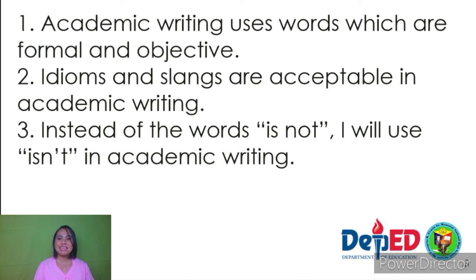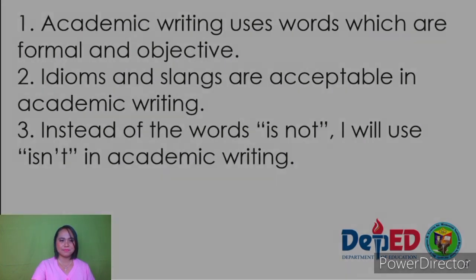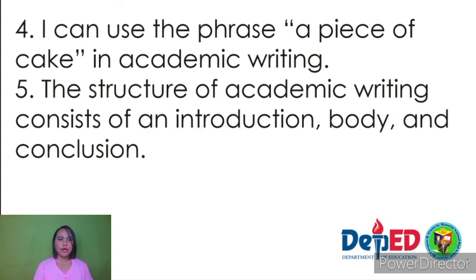Instead of the words is not, I will use isn't in academic writing. 4. I can use the phrase a piece of cake in academic writing. 5. The structure of academic writing consists of an introduction, body, and conclusion.